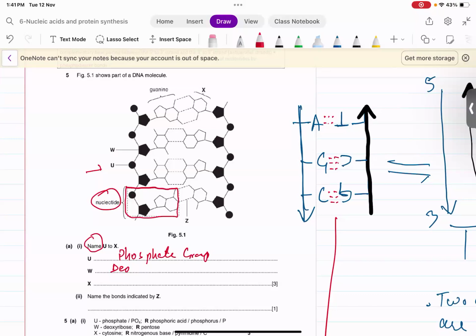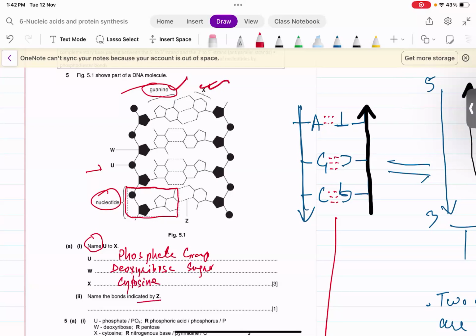This is deoxy, because this is DNA, so this is deoxyribose. You should not write pentose. And what is X? Cytosine. Yeah, because this is guanine already there, so the complementary base will be cytosine. So this should be cytosine here.